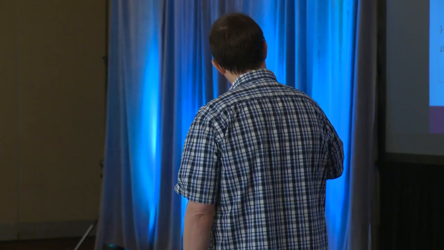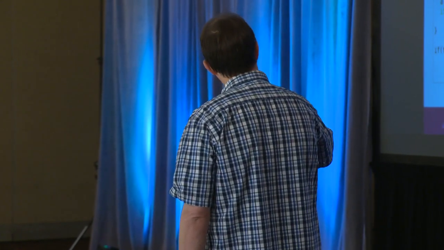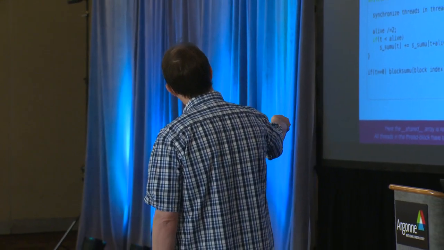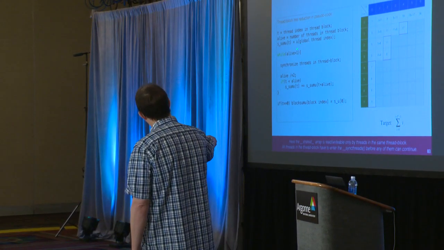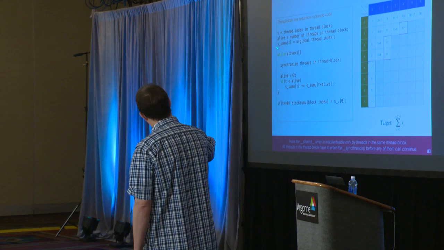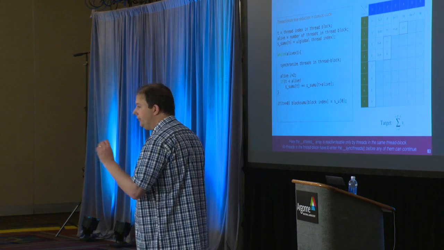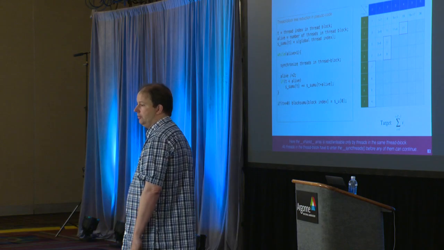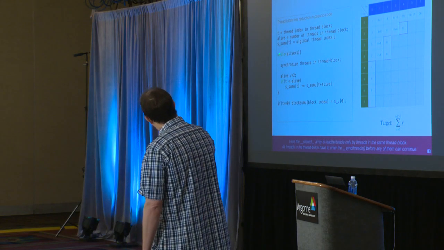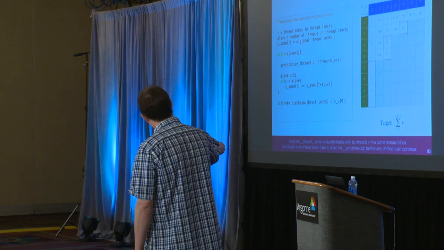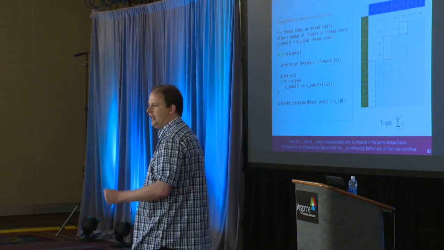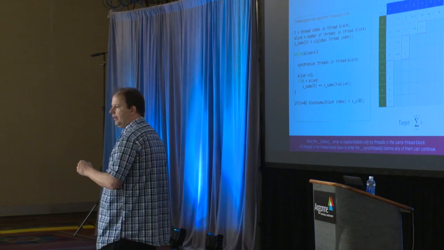So in pseudocode, we'll count the number of threads, and each thread will load a value into shared memory. This will be a shared memory array, and this is only visible to threads in this thread block. While the number alive is greater than 1, we're going to have to synchronize, because we have to make sure that all the writes to shared memory are completed.